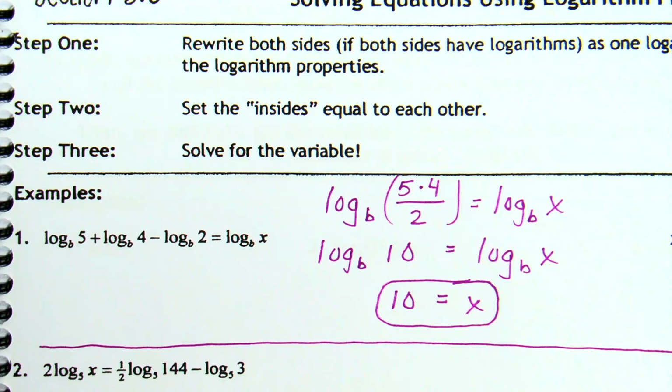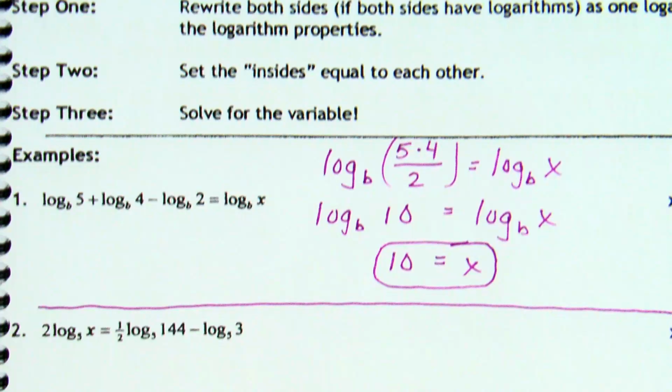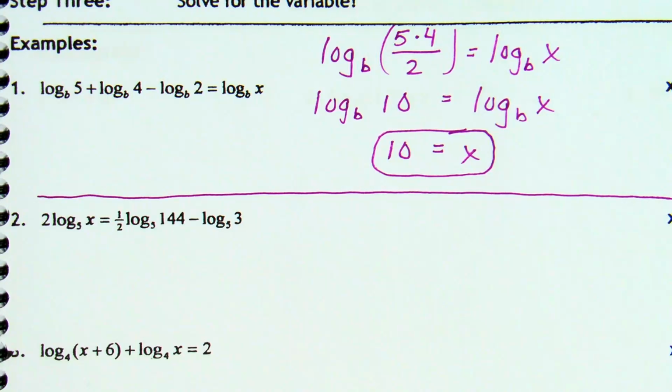Okay, example 2 then. 2 log base 5 of x equals 1/2 log base 5 of 144 minus log base 5 of 3. What's she using?